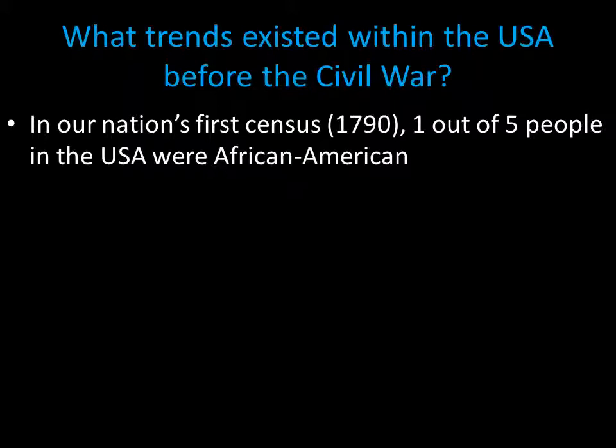And in 1790, 1 out of 5 people in the United States were African American, 20% of people. A great majority, over 90% of them, were slaves.